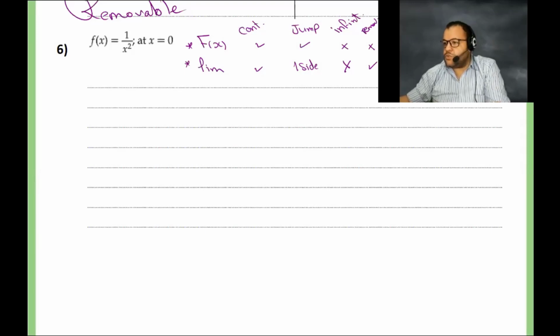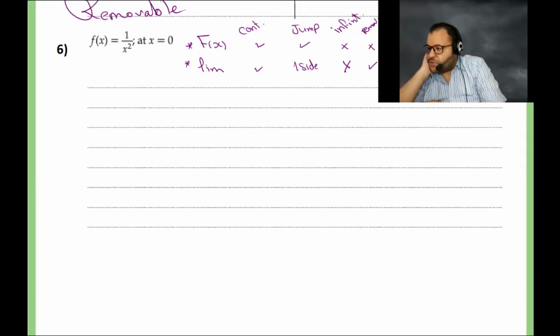Let me check this one. Omar al-Dakhil, just a minute, for the first one. It's okay. I put the numbers in the wrong places.